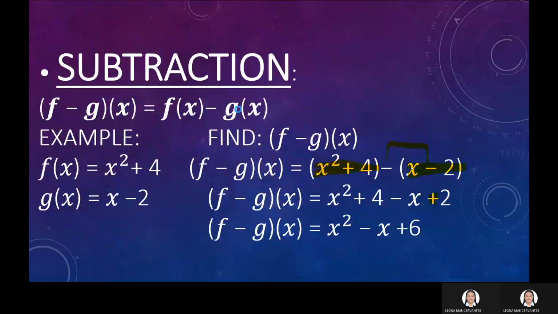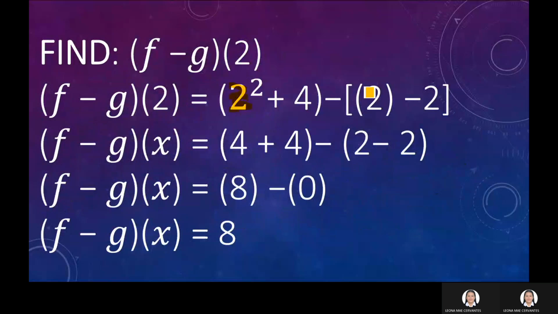And for g of x, we have x minus 2, so we have 2 minus 2. 2 squared is equal to 4, plus 4, minus 2 minus 2. 4 plus 4 is equal to 8. 2 minus 2 is equal to 0. So 8 minus 0 is equal to 8. If x is equal to 2, then f minus g of x is equal to 8.